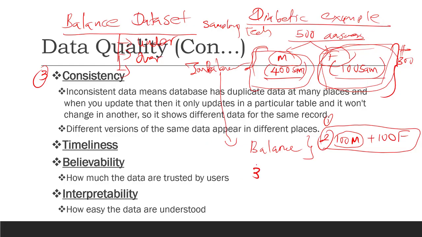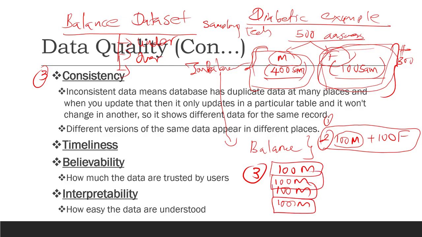The third way: you split the 400 male data into 4 groups of 100. You take the first 100 male records together with the 100 female records, train, and develop model 1.